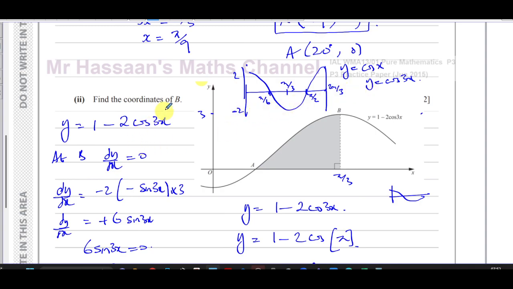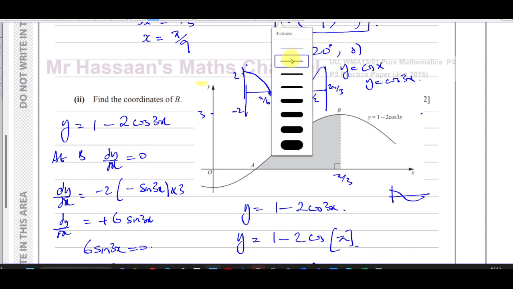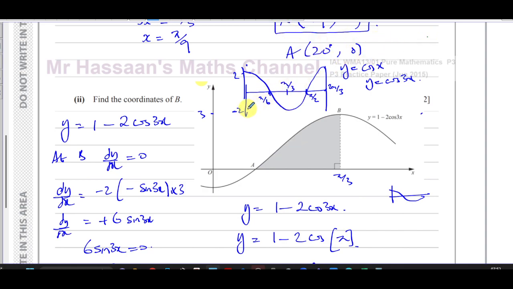It's multiplied by 2 because you have 2 cosine 3x. And the negative in front of the whole function reflects it in the x-axis, so it's going to look like the mirror image. Let me draw it in a slightly different color. So the actual graph is going to look something like this.